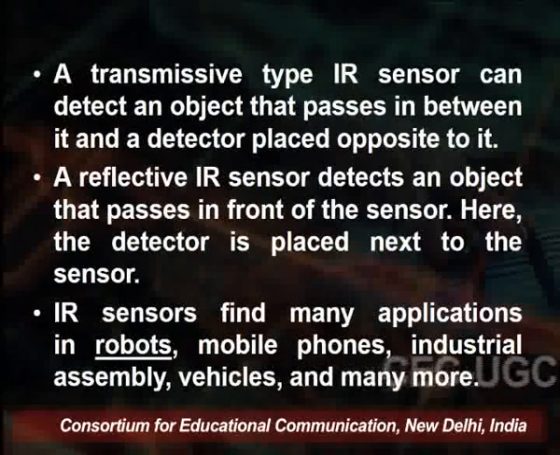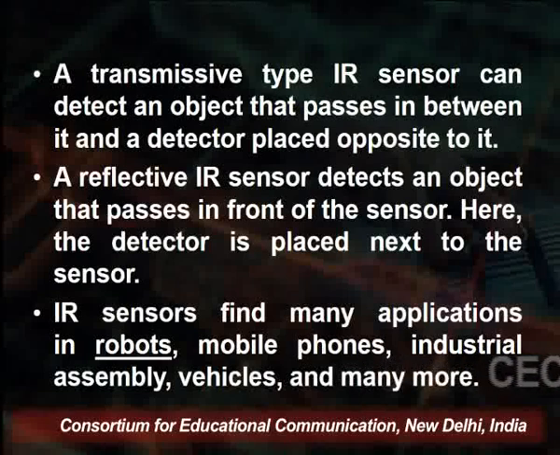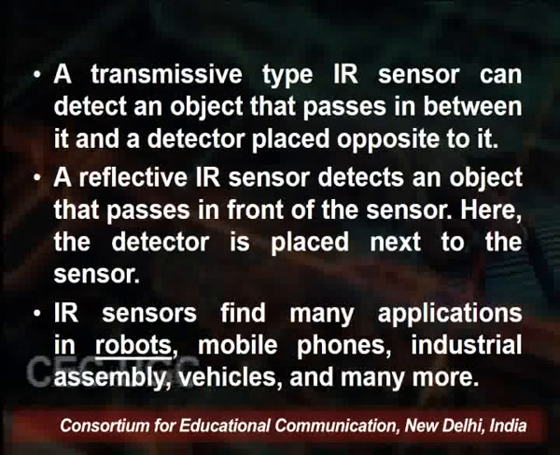A transmissive type of IR can detect an object that passes in between it and the detector placed opposite to it, whereas a reflective IR sensor detects an object that passes in front of the sensor.